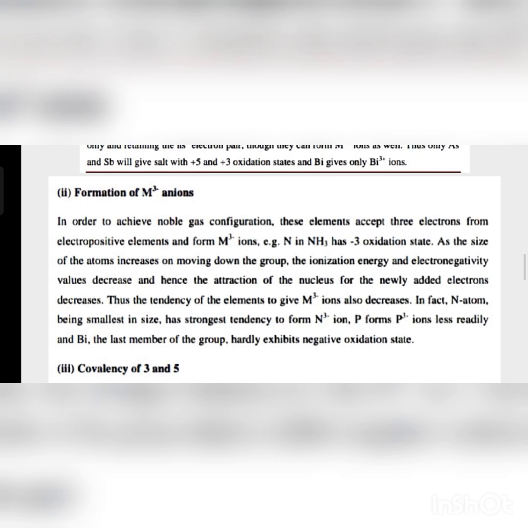In fact, nitrogen, being smallest in size, has the strongest tendency to form the M3- ion. Phosphorus forms P3- ions less readily, and bismuth, the last member of the group, hardly exhibits a negative oxidation state.